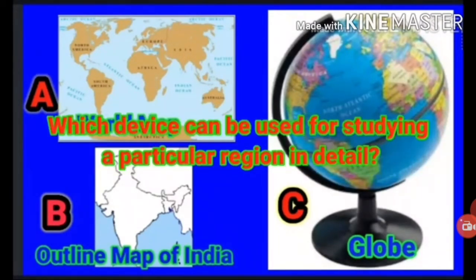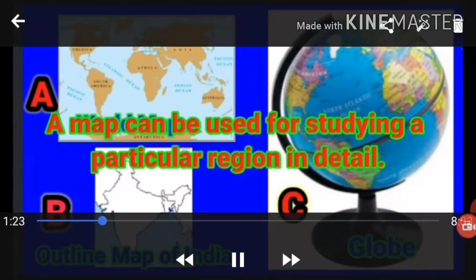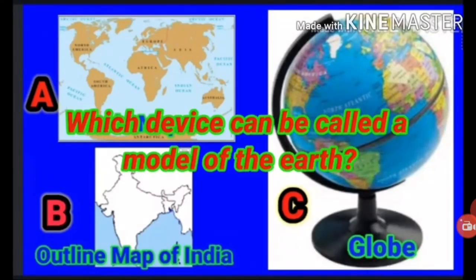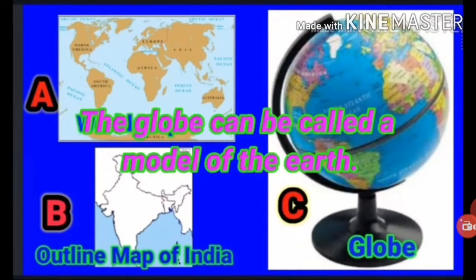Which device can be used for studying a particular region in detail? A map can be used for studying a particular region in detail. Which device can be called the model of the earth? The globe can be called a model of the earth.